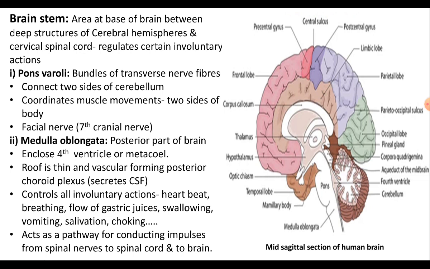This picture shows the location of the pons varolii and the medulla oblongata, where the pons varolii is located just opposite to the cerebellum. Pons varolii is nothing but a bundle of thick transverse nerve fibers, where it connects the two sides of the cerebellum, and it plays a major role in coordinating the muscle movements of the two sides of the body.